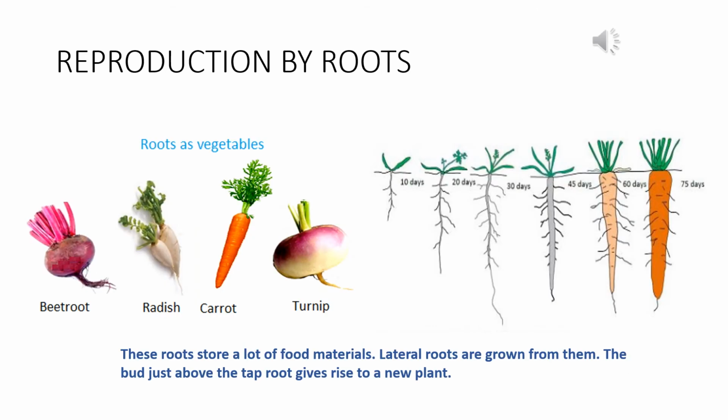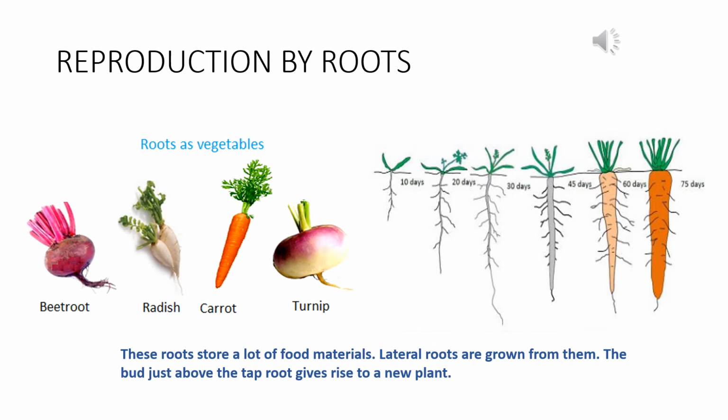The third type is reproduction by the roots. These vegetables, which we take on a regular basis, like beetroot, radish, carrot and turnip, are all roots of plants, and they are very thick in structure because they store a lot of food material. Lateral roots also grow from them.